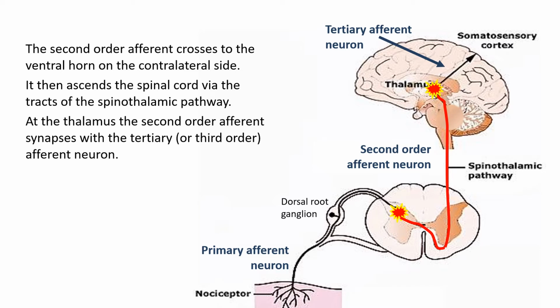At the thalamus, the second order afferent then synapses with the tertiary or third order afferent neuron. And you remember we were talking about the thalamus before as the precortical relay point. This is, if you like, the relay point. This is where we have our second synapse in the pathway.